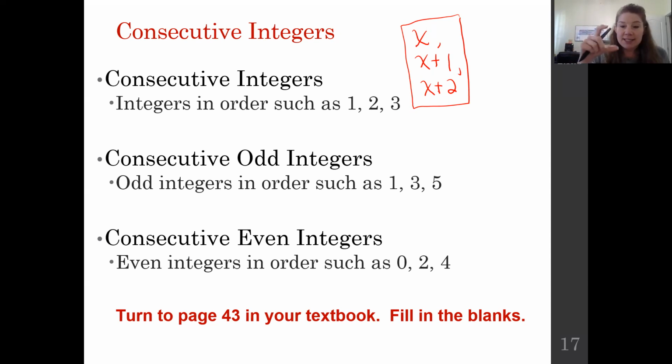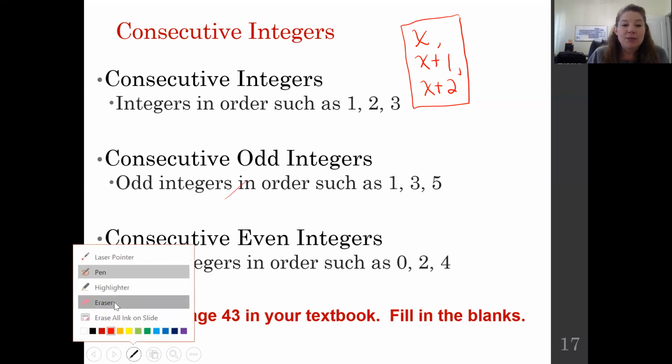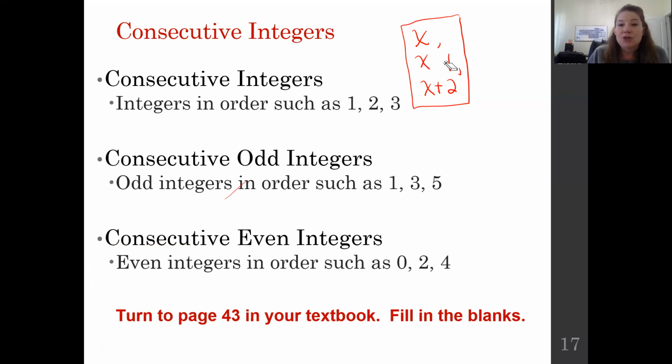All right, the next box down on page 43, even integers are consecutive if each is 2 more than the previous integer. 2 more than, right? Talking about consecutive even numbers. What if the first number was 4? Well, the second even integer would be what? 4 plus 2, and 4 plus 2 is 6, right?